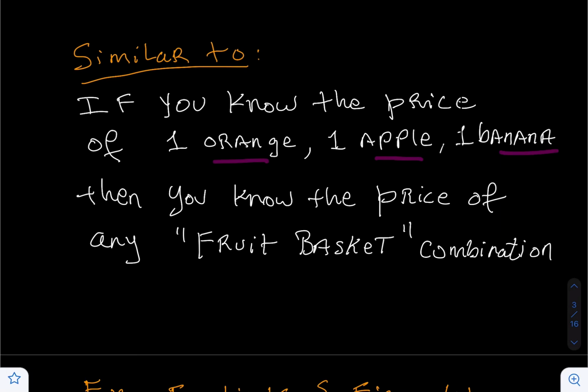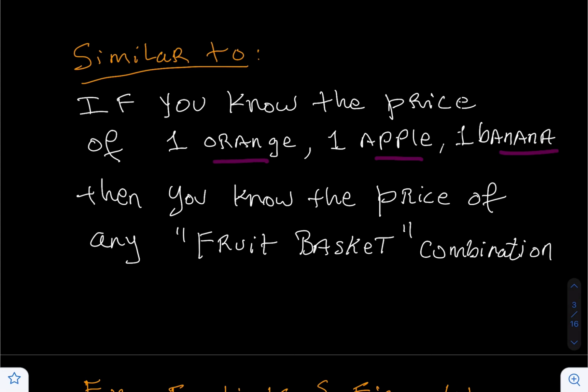Now, if you get a volume discount, that breaks the linearity. So again, a linear transformation is such that if you know the price of an orange, and how many oranges, then you know the price of every possible fruit basket. Of course, if you throw in a pear and you don't know the price of a pear, then you've got a problem, because now you have something else in your basket that you don't know the price of.